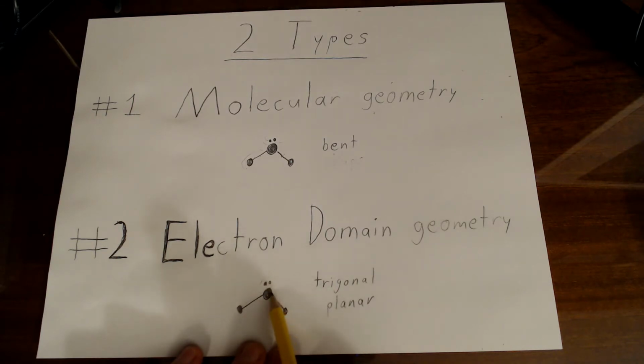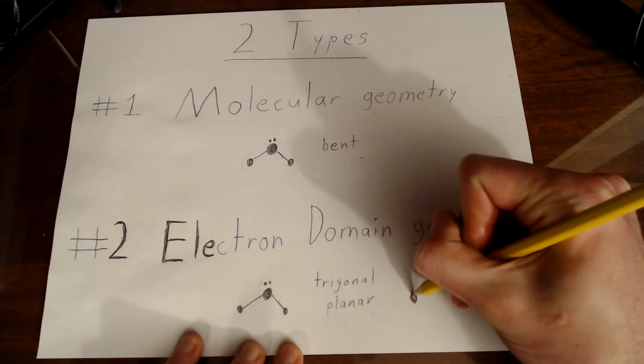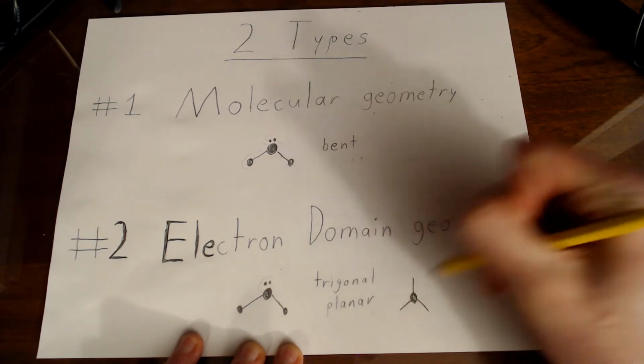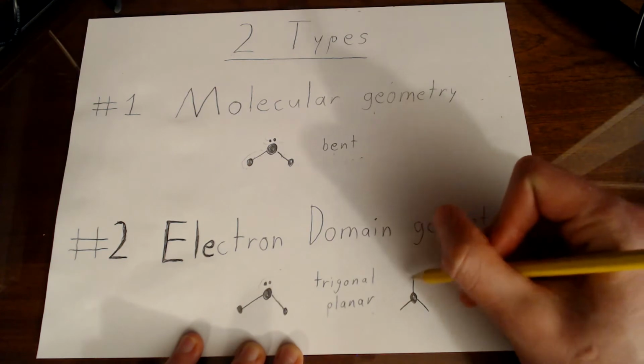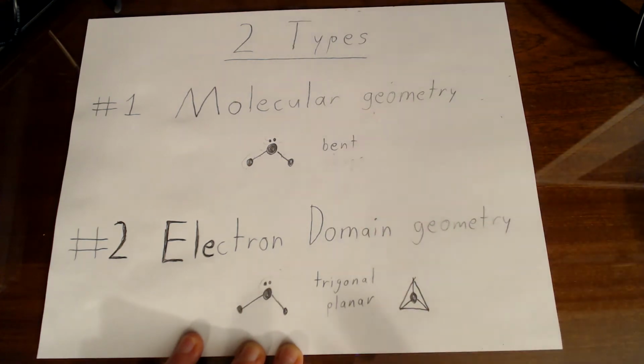So when we look at this bonded pair of electrons, this bonded pair of electrons, and this lone pair of electrons, we get this trigonal planar shape because it represents a molecule with 1, 2, and 3 domains sticking out in a trigonal, like a triangle-like shape.